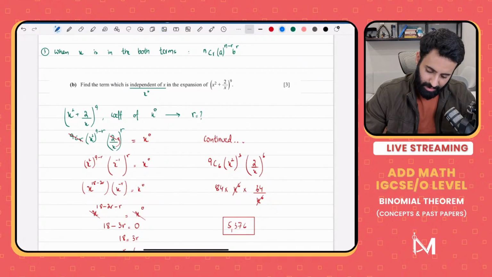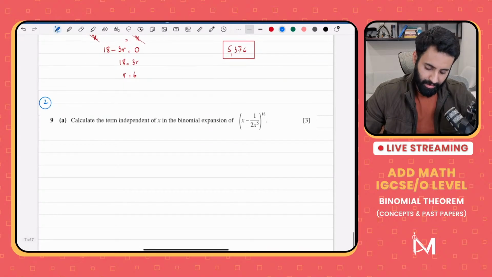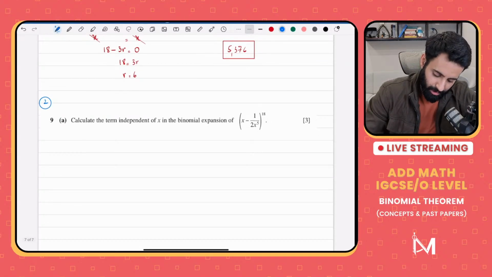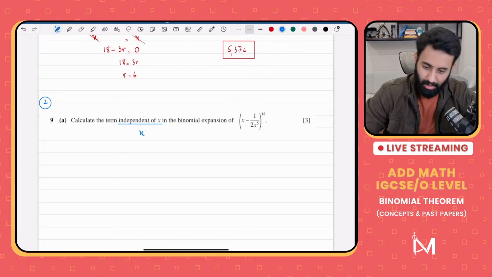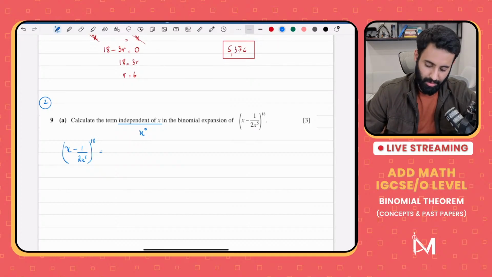So this was one example. Now we're doing the second example. Calculate the term independent of x in the binomial expansion of so and so. So independent of x means, once again, x power 0. So here we have x minus 1 upon 2x power 5 raised to the power of 18, and we want the term that's independent of x.